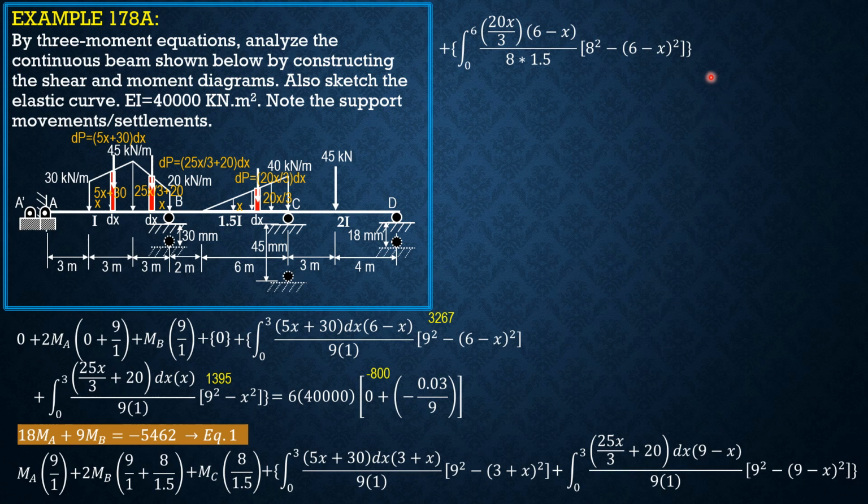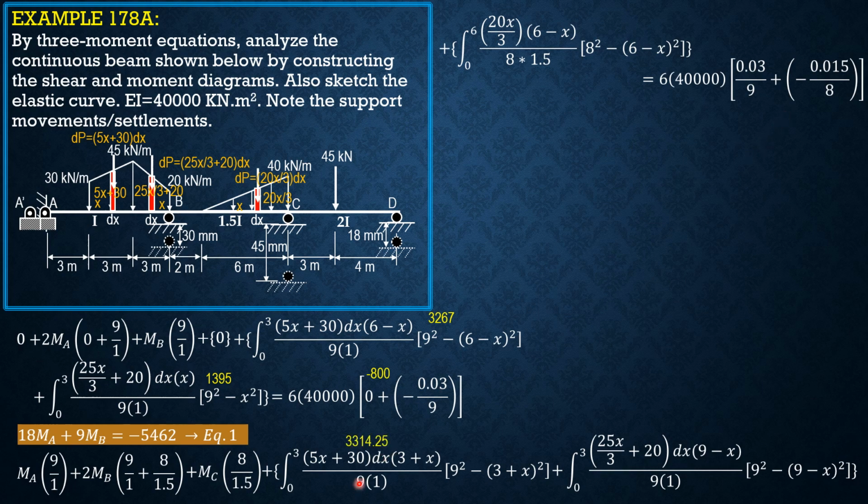Then equals 6 times 40,000, the horizontal line through b, which is here. So A is above, so HA is 0.03 meter over 9, while C is below B by 15 mm, because this is 45 mm. So negative 0.015 over 8. So equals 6,000 times quantity 0.03 over 9 plus negative 0.015 over 8.